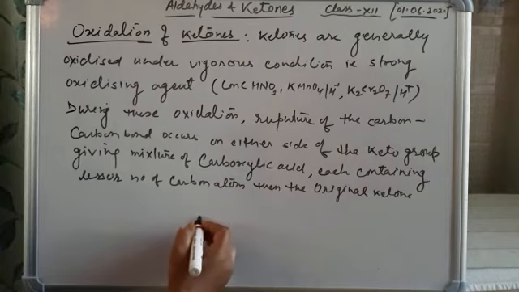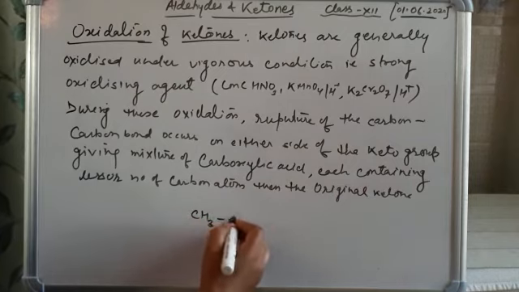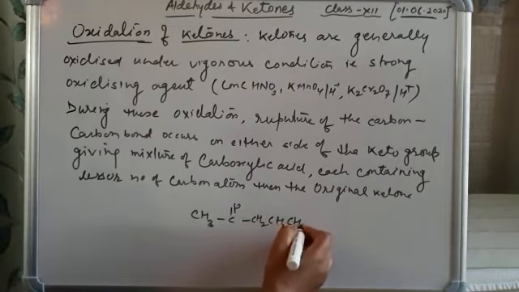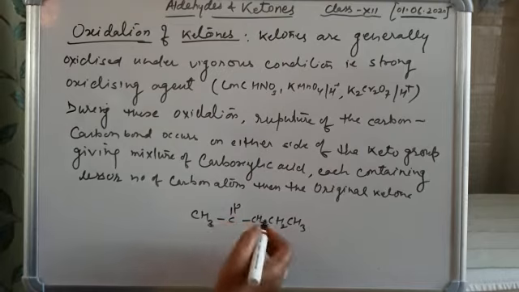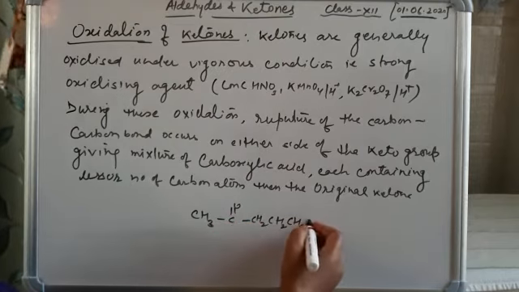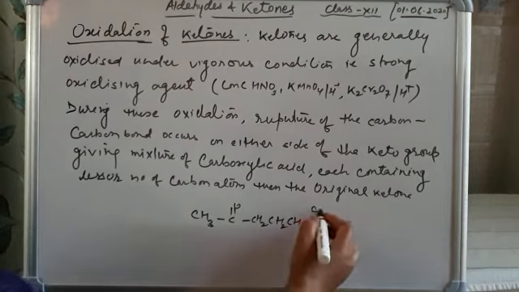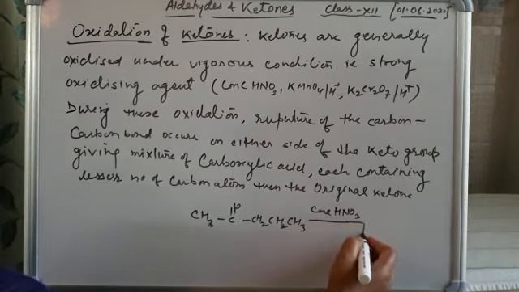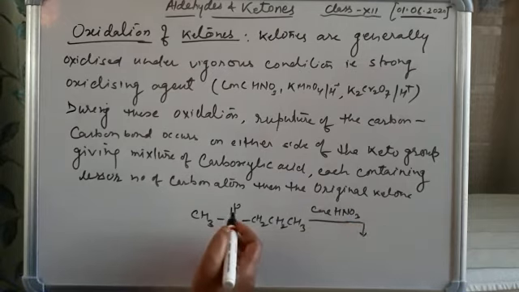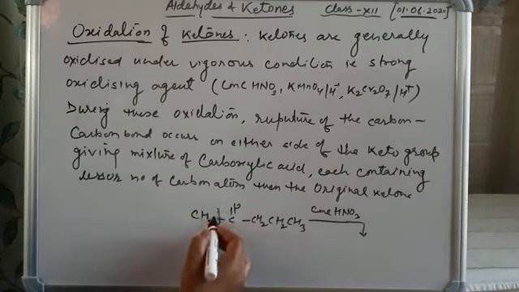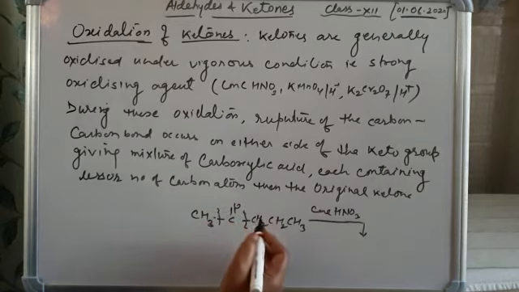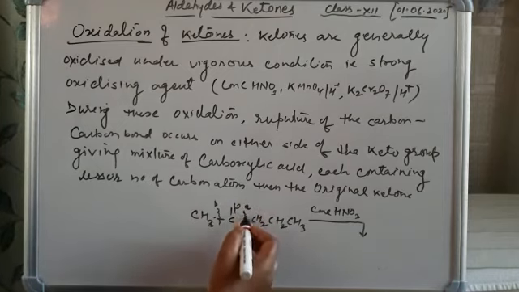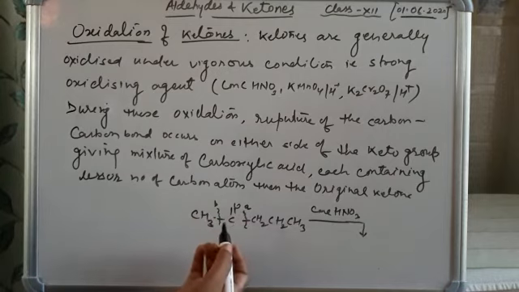See here one example: CH3, CO, CH2, CH2 and CH3, carbons 1, 2, 3, 4, 5, pentan-2-one. If we oxidize in the presence of concentrated HNO3, there is a possibility of bond breaking on either side of the carbonyl. Suppose this is A and this is B. If bond A breaks or bond B breaks, what happens?